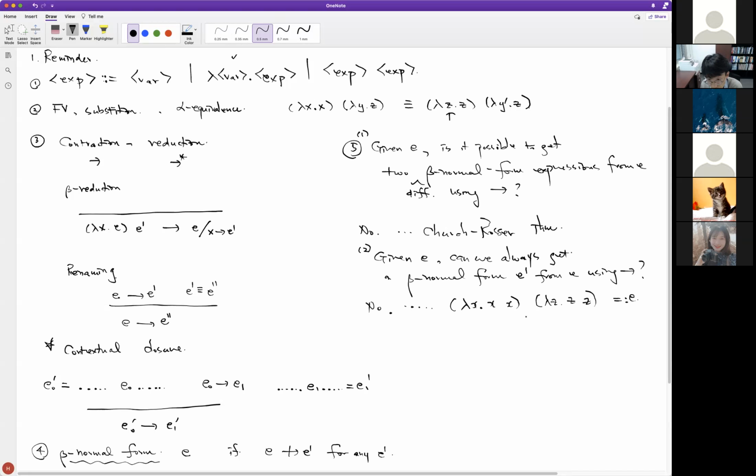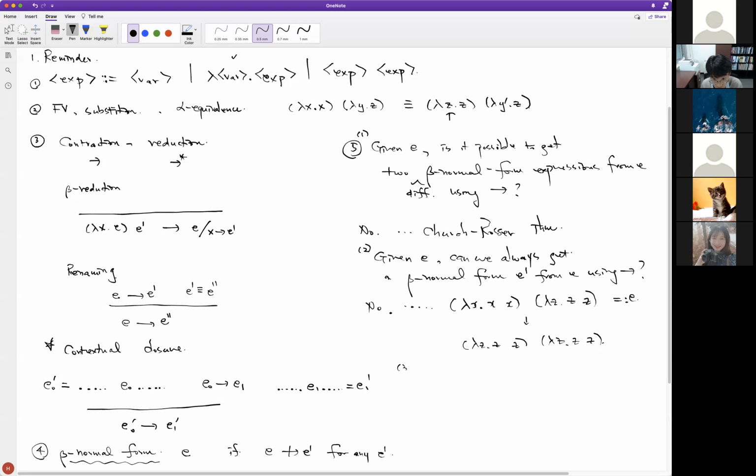If you contract this, it's going to be the same thing up to alpha equivalence. So this expression can be reduced again and again and again. So the answer is no. There is an expression in lambda calculus which doesn't terminate, if we phrase this computationally.